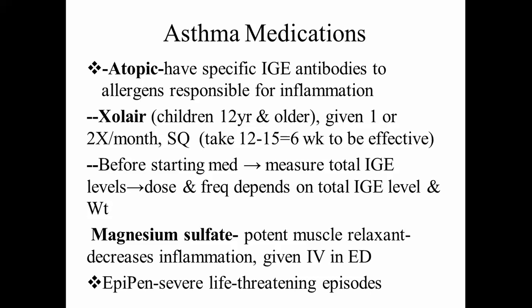can be given Xolair, and it's used for patients with moderate to severe persistent allergic asthma where symptoms are not controlled by inhaled corticosteroids. So Xolair has been approved for children 12 years and older, and what Xolair does, it blocks the binding of IgE to mast cells to prevent inflammation associated with asthma.